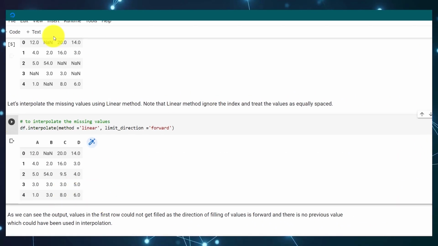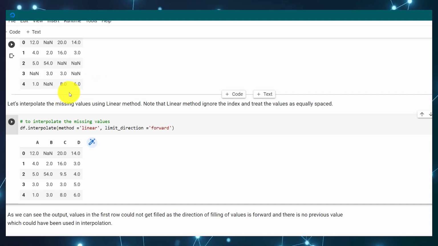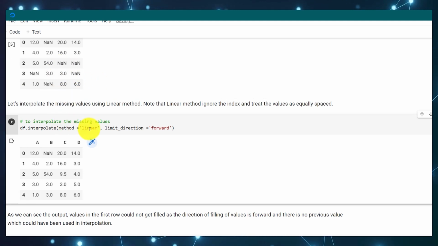What is the difference? See here we had 5 total missing values, okay. If we really wanted to fill these values, we could have tried to find the mean, median and mode, but we use interpolation.